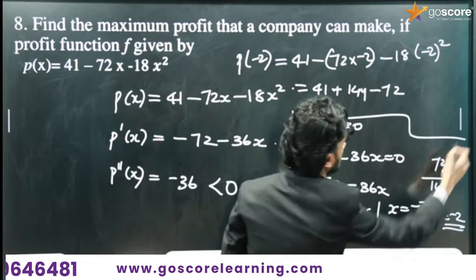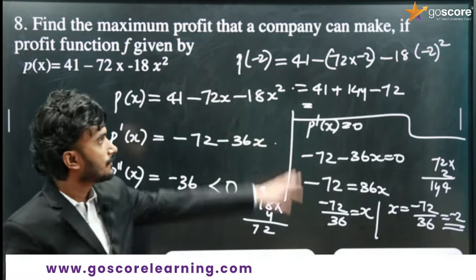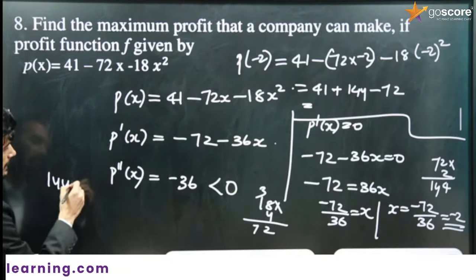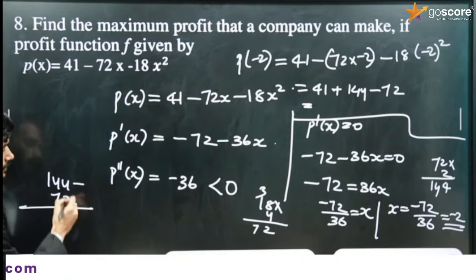So what will be the value? 41 plus 144 minus 72.